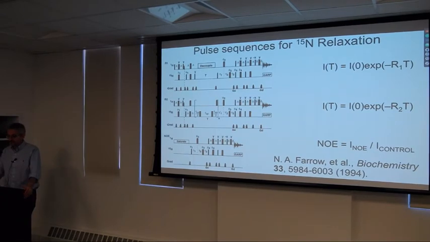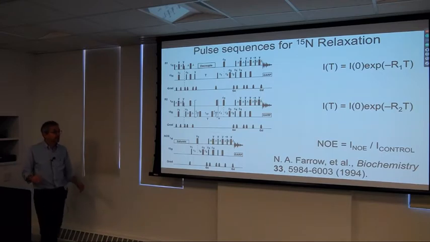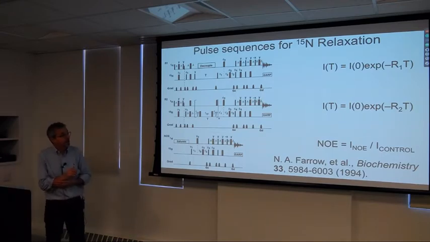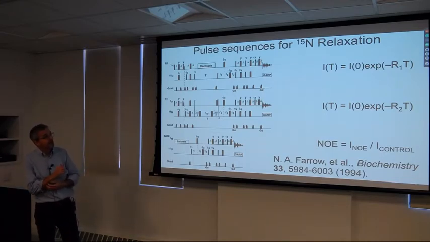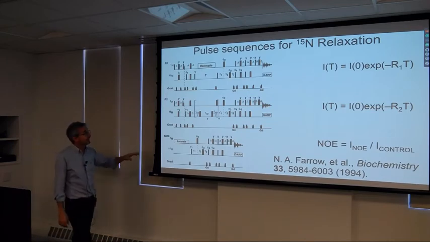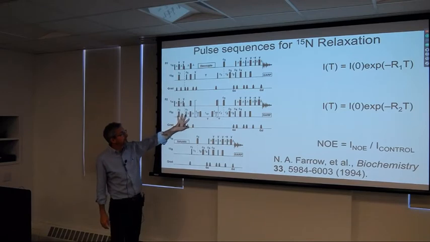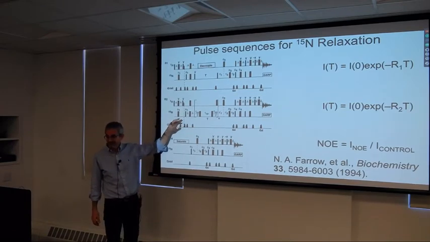So here are pulse sequences from a long time ago from Neil Farrow for measuring the N15 R1, R2, and NOE. They all start, or the first two start, with an INEPT block to transfer polarization from hydrogen to nitrogen.